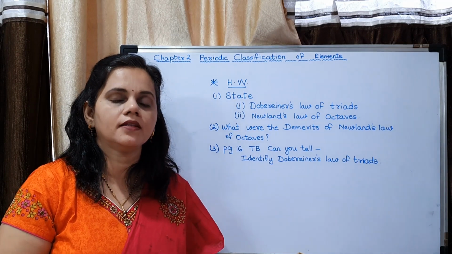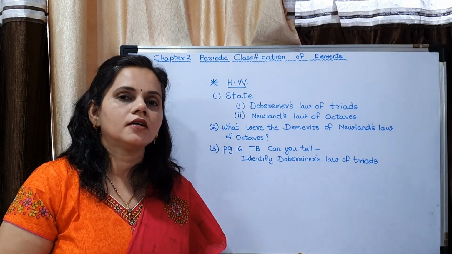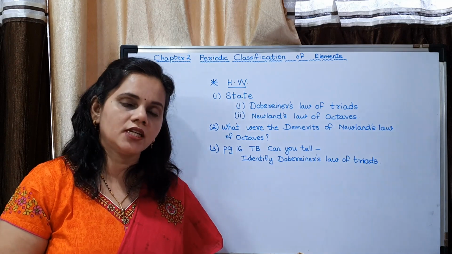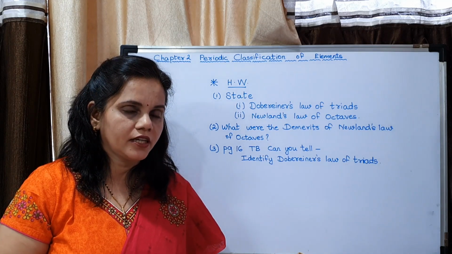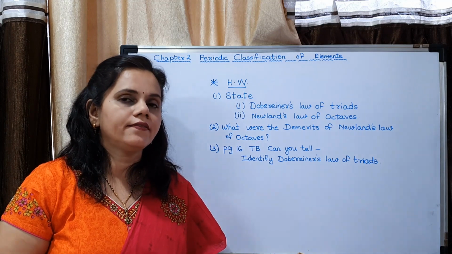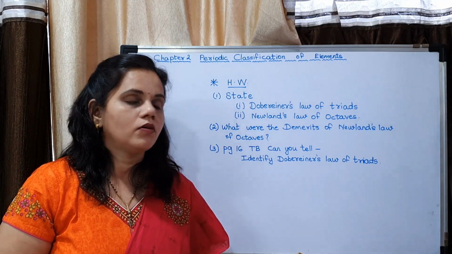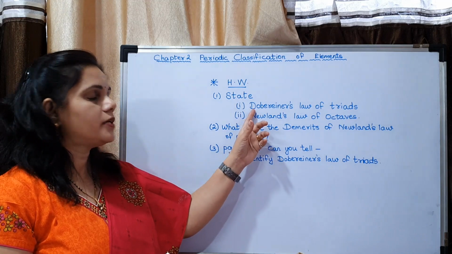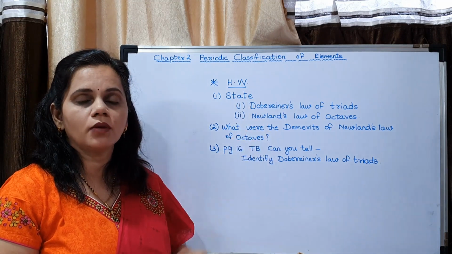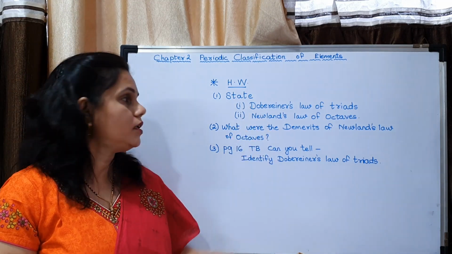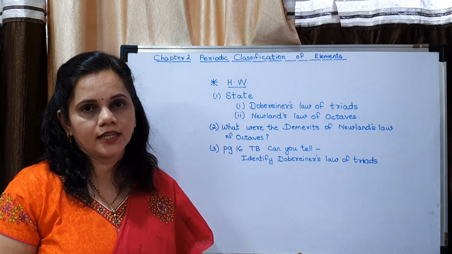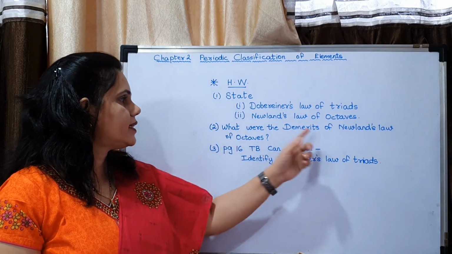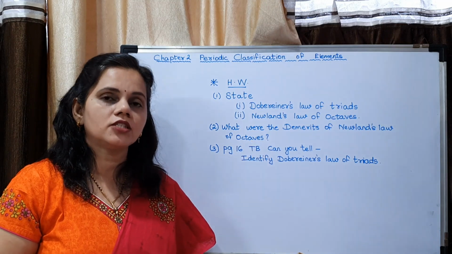Dobereiner's triads and Newland's law of octaves are the first two topics which I have finished. All the questions have a weightage of 2 marks. Dobereiner's law of triads is a 2-mark question, you have to write the example. Newland's law of octaves is a 2-mark question, you have to write the example. What were the demerits of Newland's law of octaves?